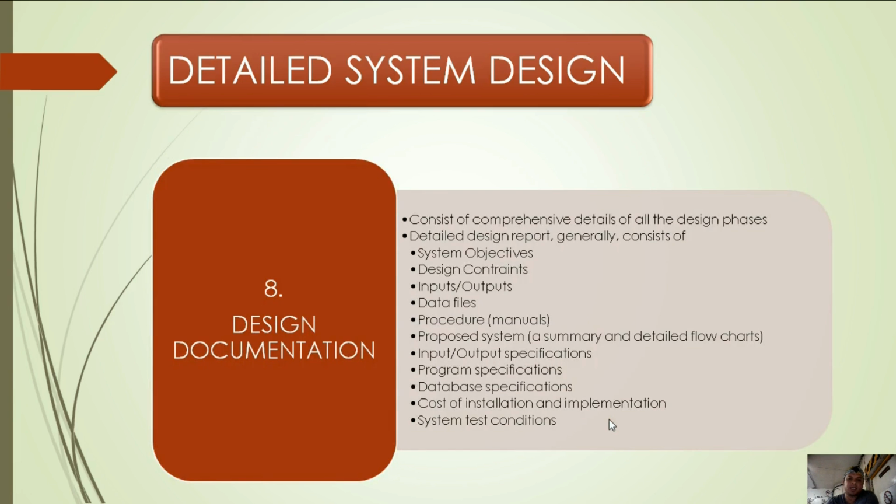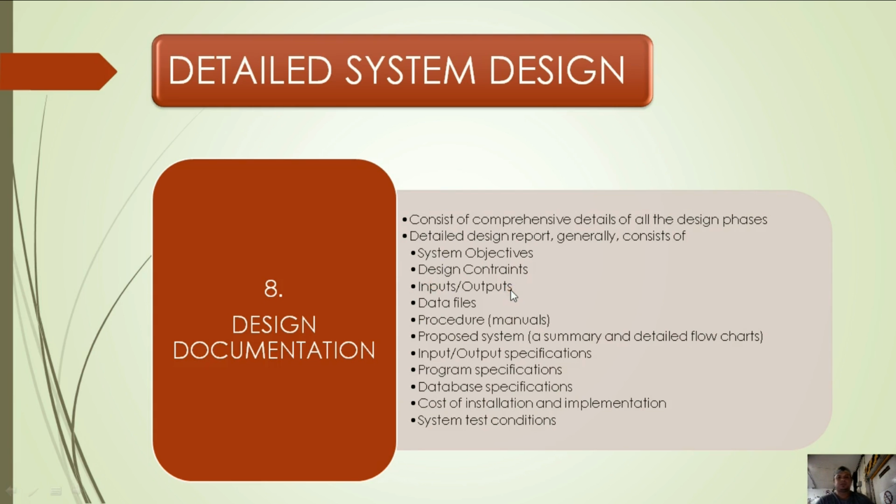Number 8 is the design documentation. It consists of comprehensive details of all design phases. So everything that is discussed should be in the documentation. Start with the objectives, the design limits, what the inputs will be, and what the outputs can be.